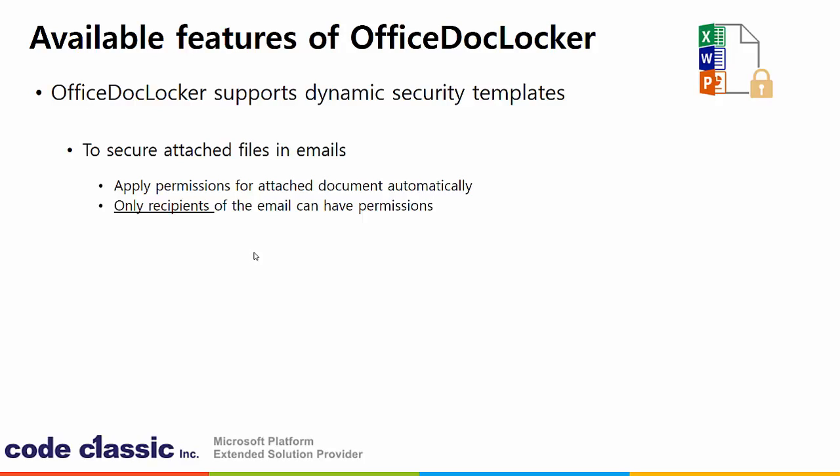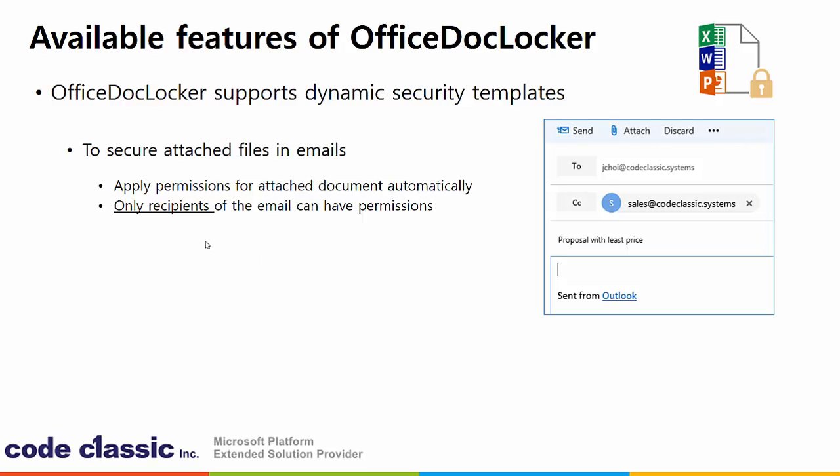Using OfficeDocLocer, you can apply the security templates only for the recipients of the email. So let's say you have an email to someone or the sales team, when you attach the document to the email, you can apply the permission only for the sales team and the recipients of this email. And the rest can be assigned when you're using RMS or AIP.